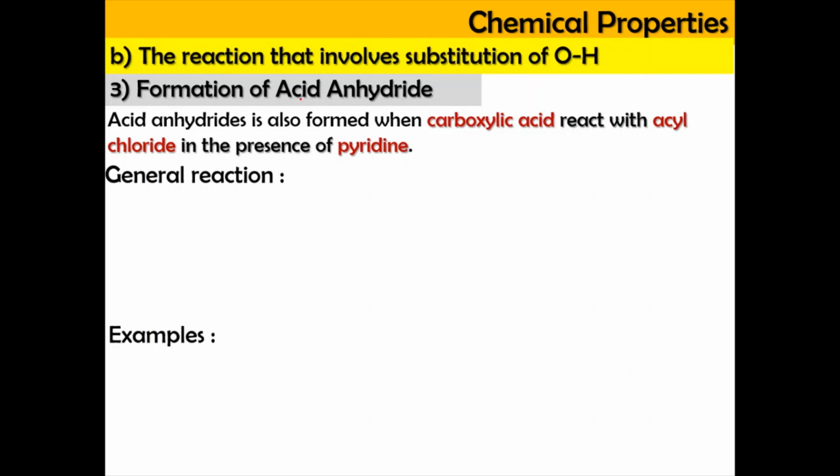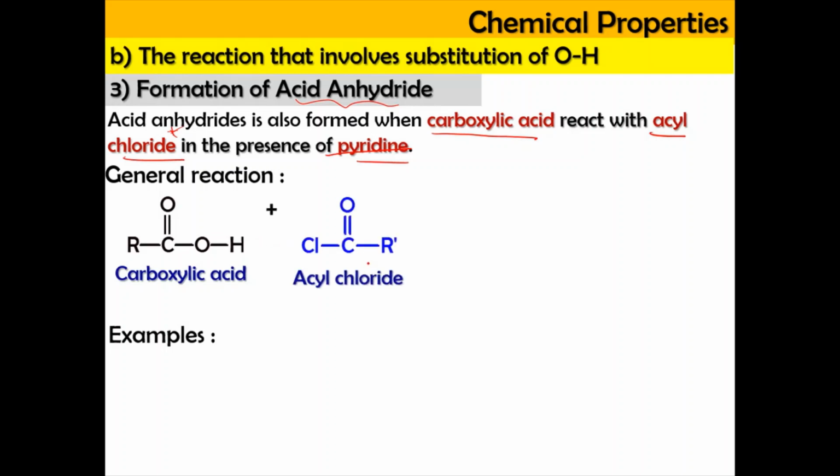Similarly, for the acid anhydride to be formed, you can also react carboxylic acid with acyl chloride. Just now it was carboxylic acid with carboxylic acid. Now it is carboxylic acid with acyl chloride, but in the presence of pyridine. So instead of using OH, we're using chlorine here, which is acyl chloride.